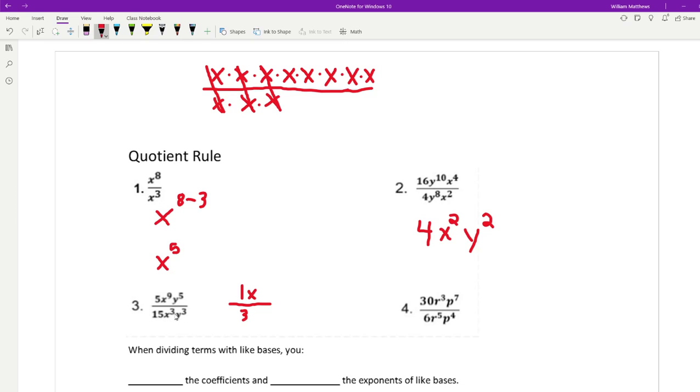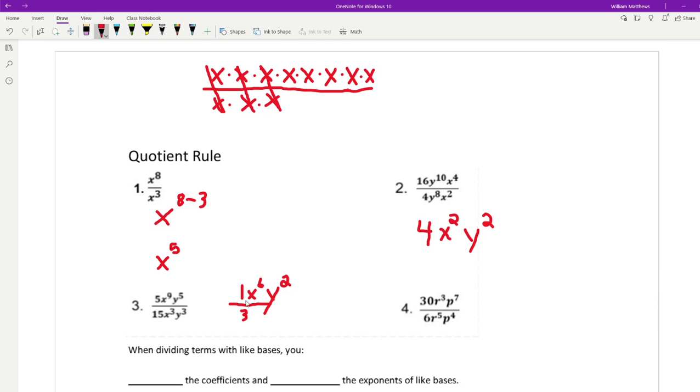So we're doing 9 minus 3 for our x value, or x exponent, which would give us x to the power of 6. And y base would be 5 minus 3, which would give me the y variable to the power of 2. 5 minus 3 gives me 2.